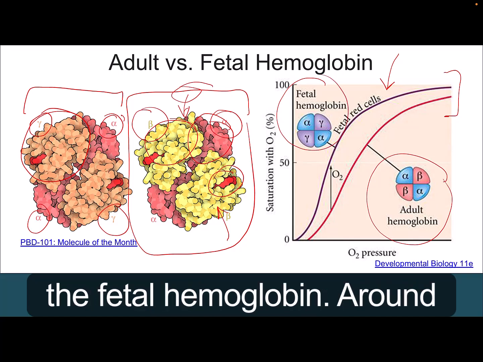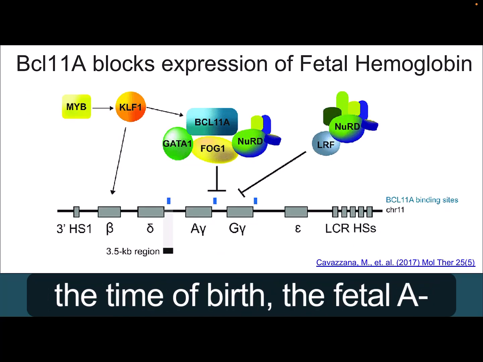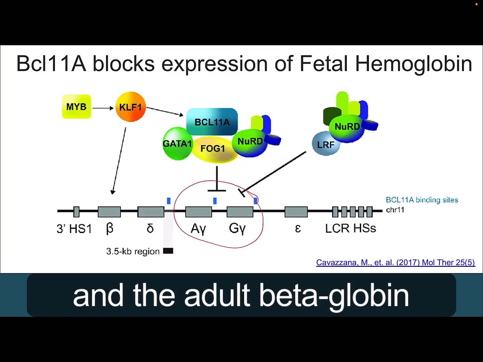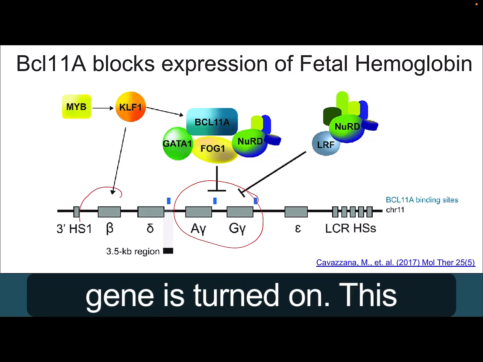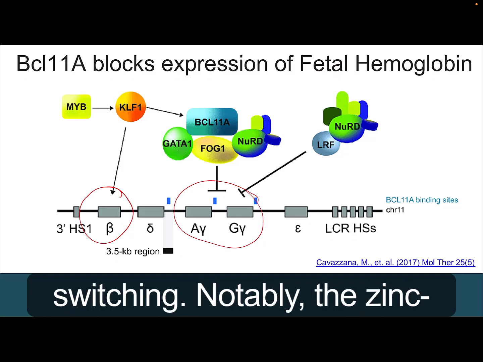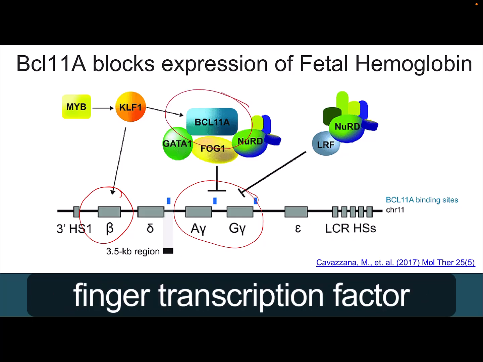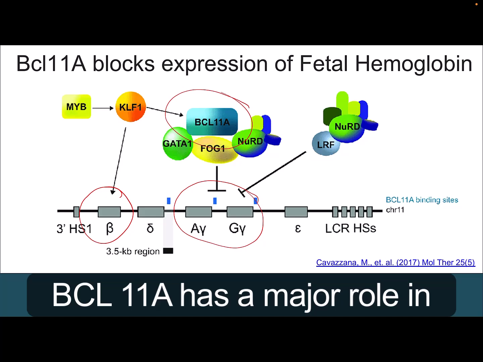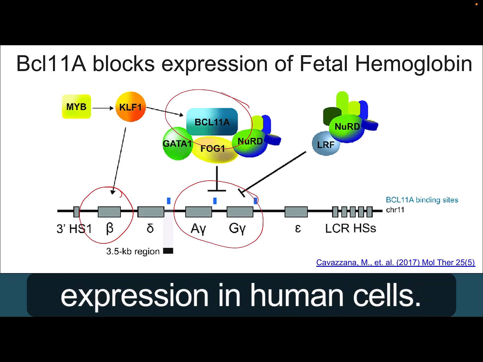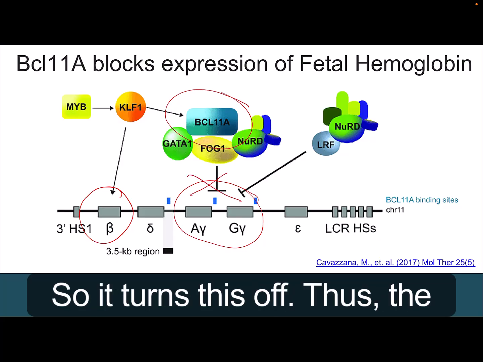This is shown in the graph to the right that shows the differential oxygen binding of the adult hemoglobin compared with the fetal hemoglobin. Around the time of birth, the fetal A gamma and G gamma globin expression is silenced, and the adult beta globin gene is turned on. This process is referred to as gamma to beta hemoglobin switching. Notably, the zinc finger transcription factor BCL11A has a major role in silencing the gamma globin expression in human cells, so it turns this off.